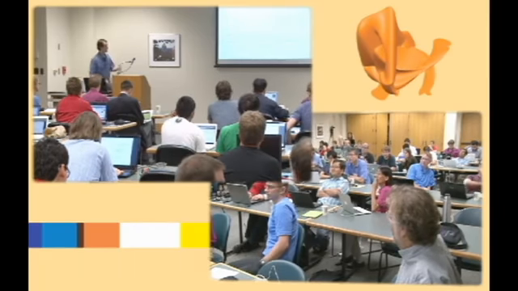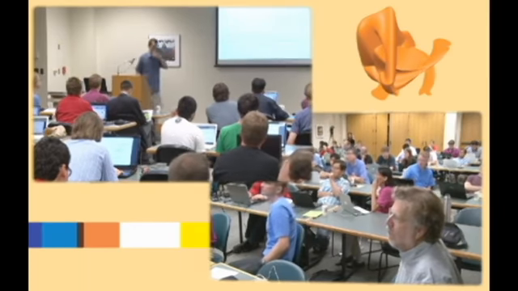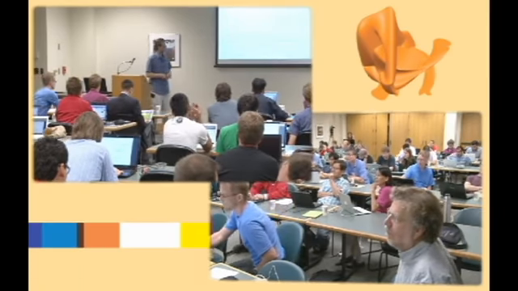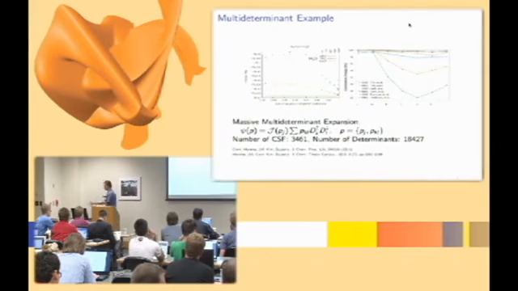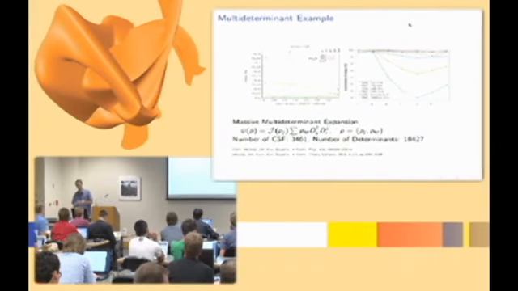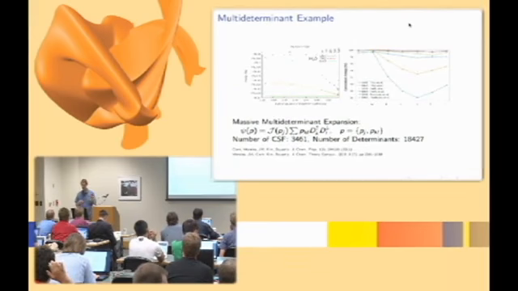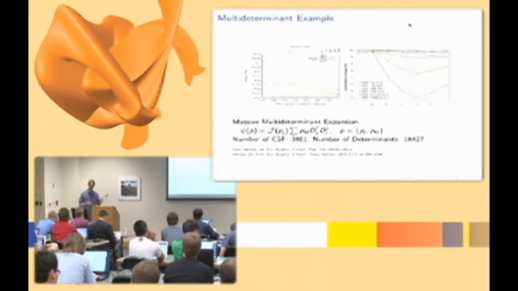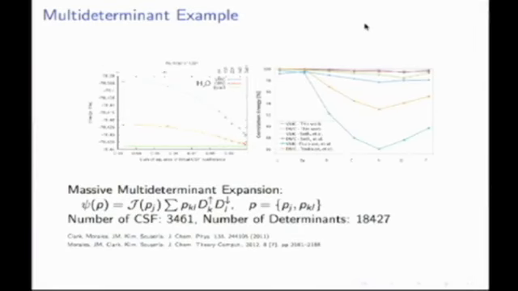In the paper, and you can see this better online, I'll just give an example of some recent results that we've gotten using a large determinant expansion and the optimization algorithm in QMCPACK. There's a way that we can compute massive multideterminant expansions. This form is just the Jastrow, and this is the same form as earlier.